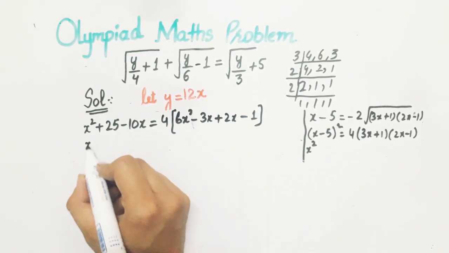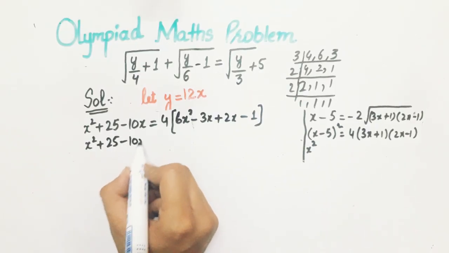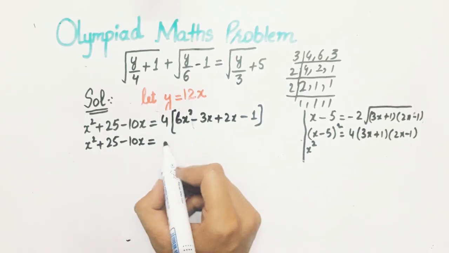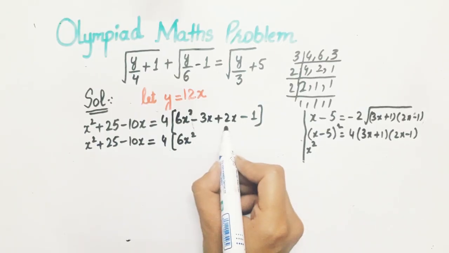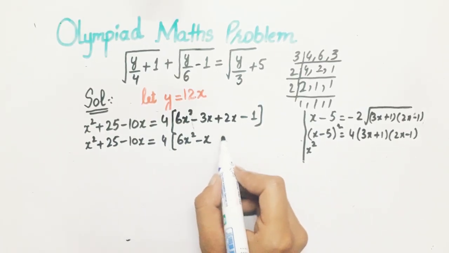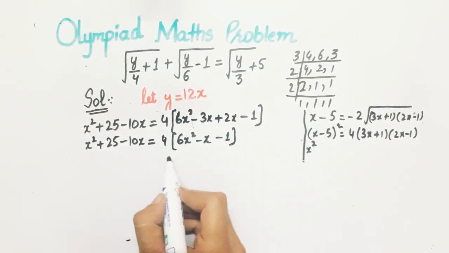So x square plus 25 minus 10x equals 4 times (6x square minus 3x plus 2x, which is minus x, minus 1). Now solve this further, multiply this.